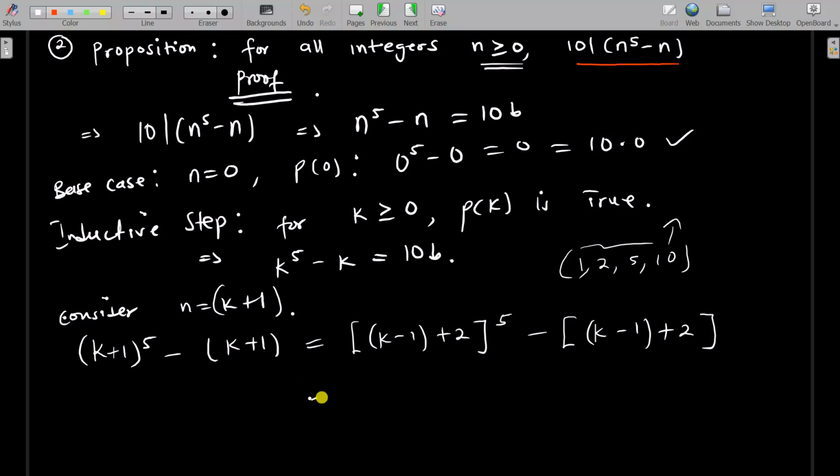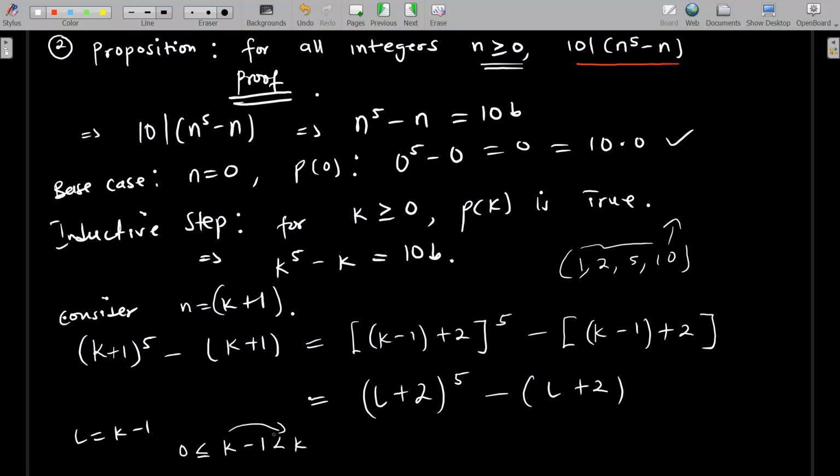So this can be written as some L plus 2 to the fifth power minus L plus 2. Notice that L is equal to k minus 1, and indeed 0 is less than or equal to k minus 1, less than k, right? So the claim for p of k minus 1 should be true.